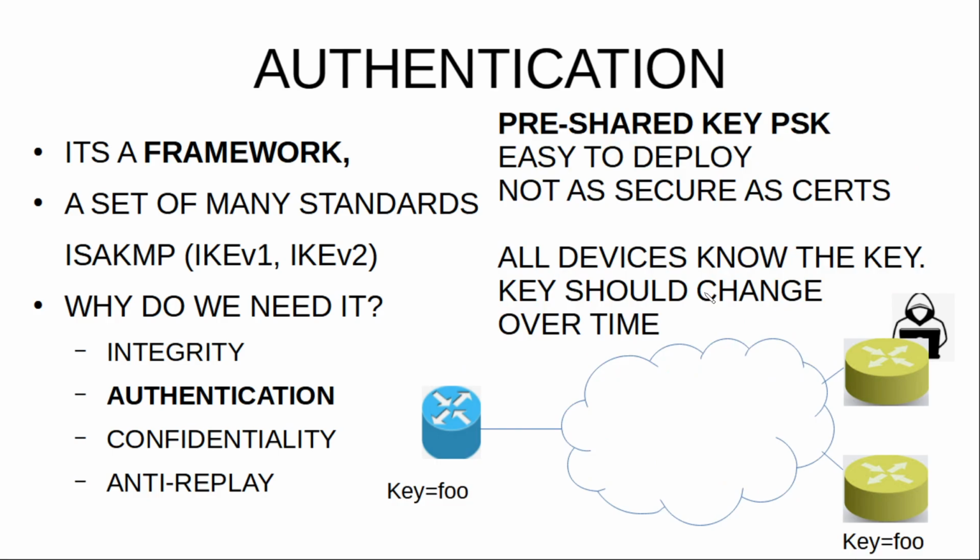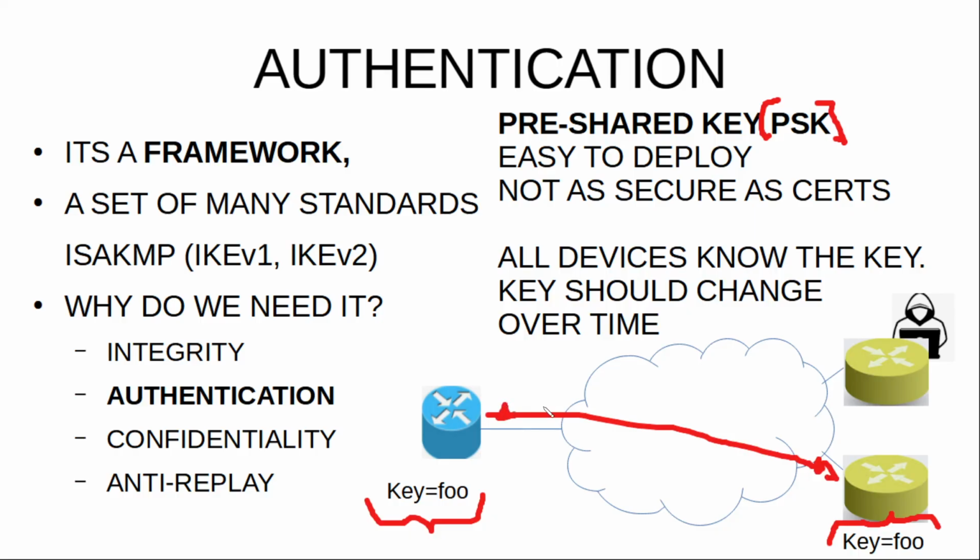There are several authentication methods out there. The easiest one to deploy is known as pre-shared key, or PSK. With PSK, we're going to go into every single one of our routers, and we are going to manually configure a key. This key must match in order to authenticate devices.